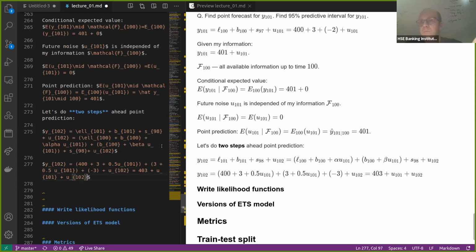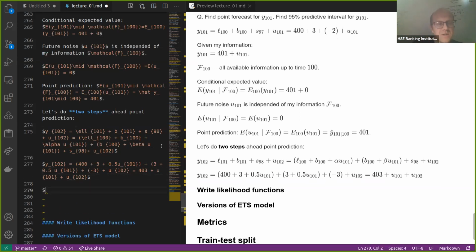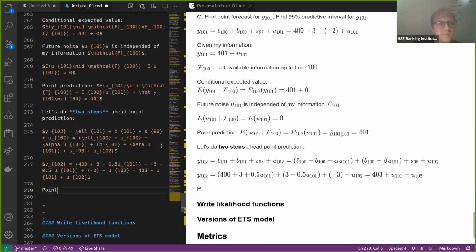Now, who can read the point forecast? What is the point forecast?